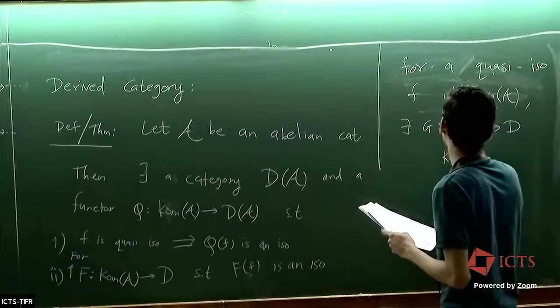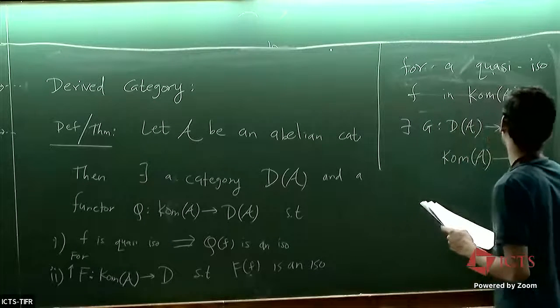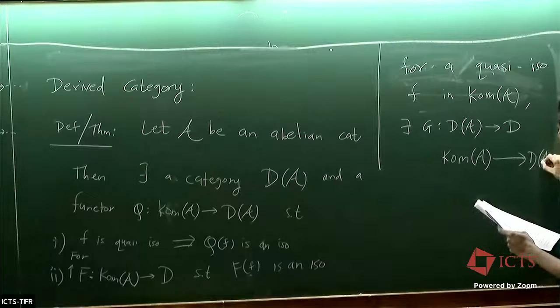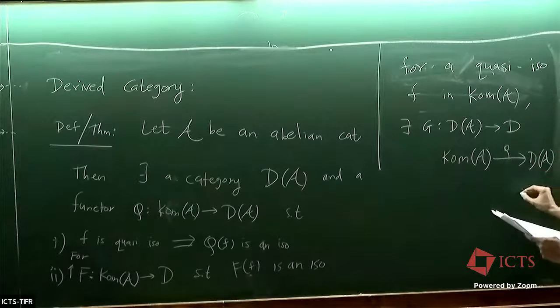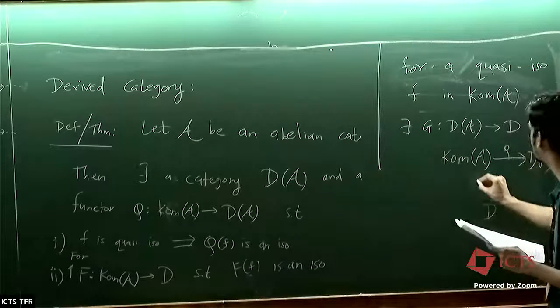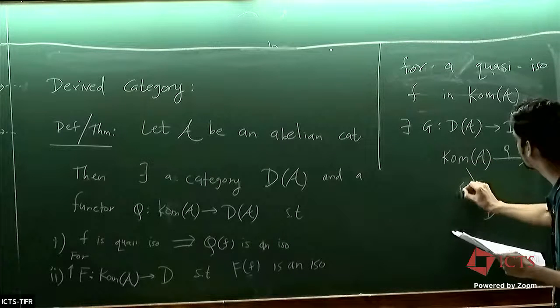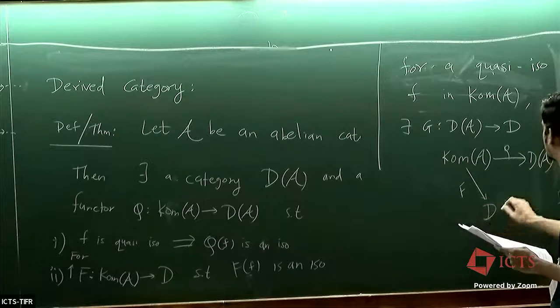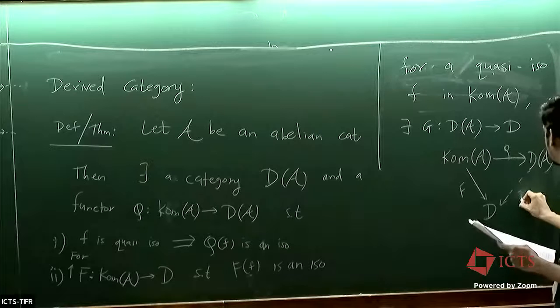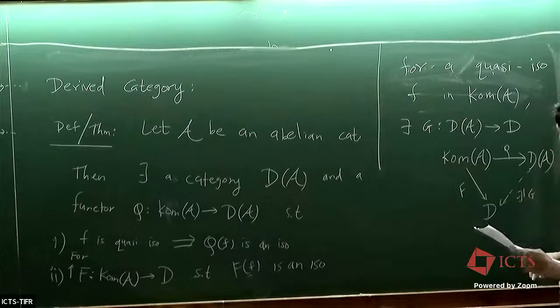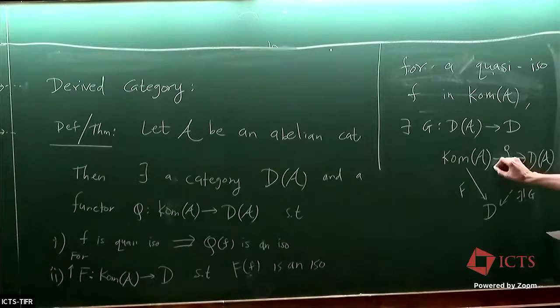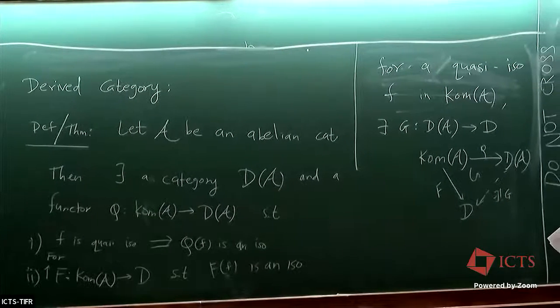So you have complexes to D(A), this is the functor Q, and start with any D and the functor F taking quasi-isomorphisms to isomorphisms. There should exist G making this diagram commutative.